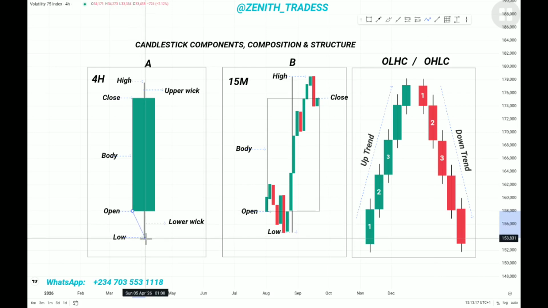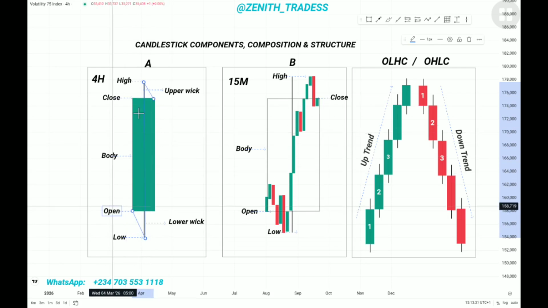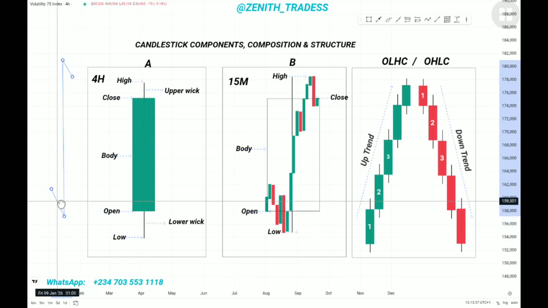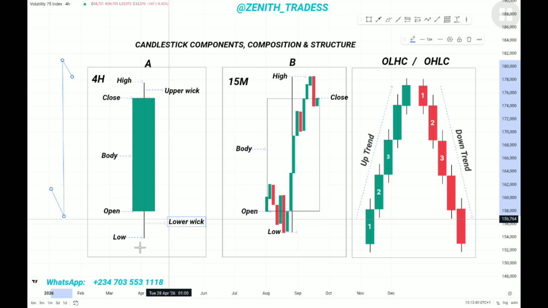Open, it gives us a low, then pushes up, gives us a high, retraces back and closes. We see the structure now. Open, low, high, close. This is the structure of the candle. Let me move it out if I can. So this is the structure of the candle. Open, low, high, close. All right.